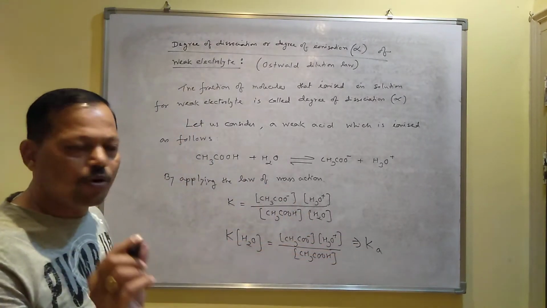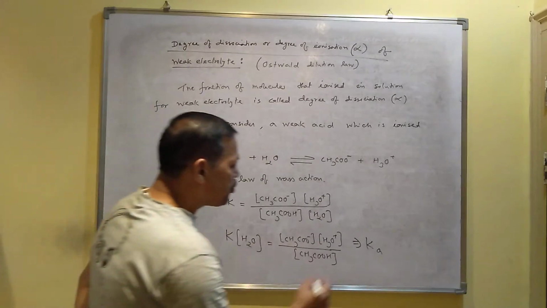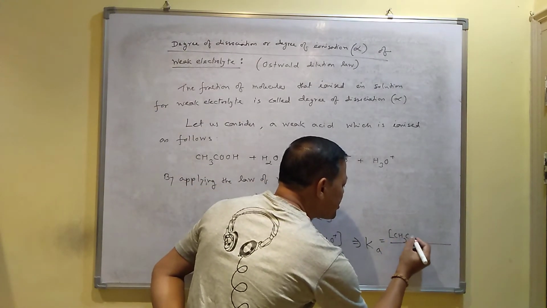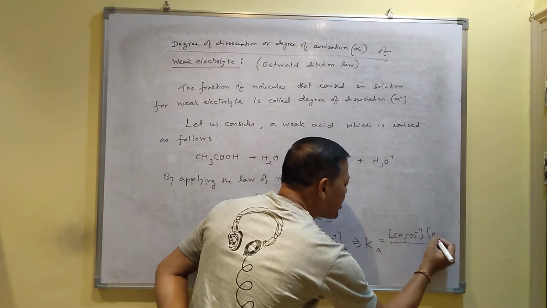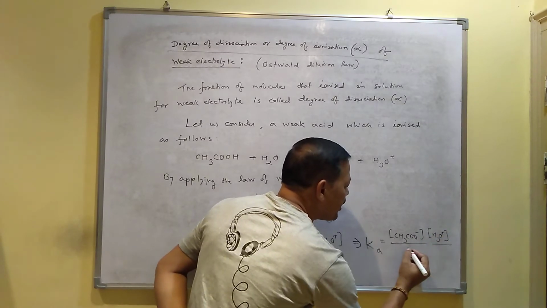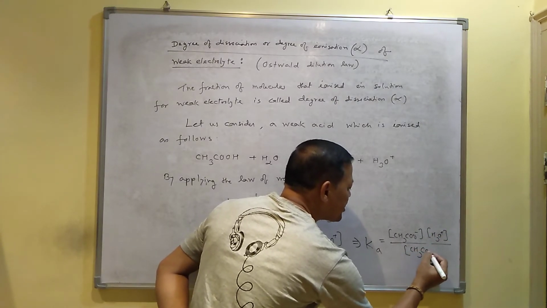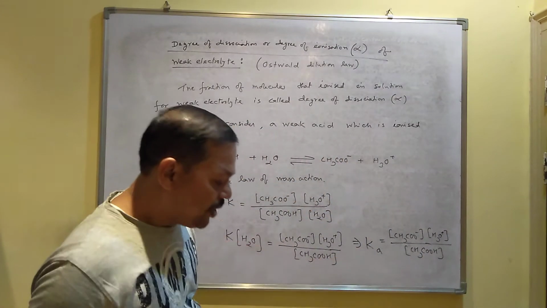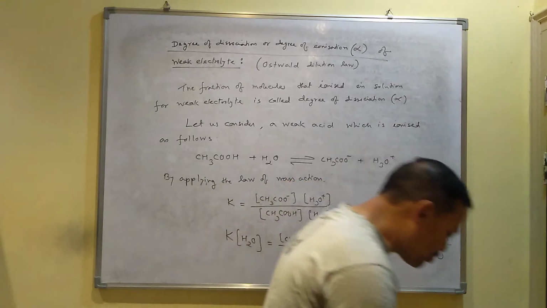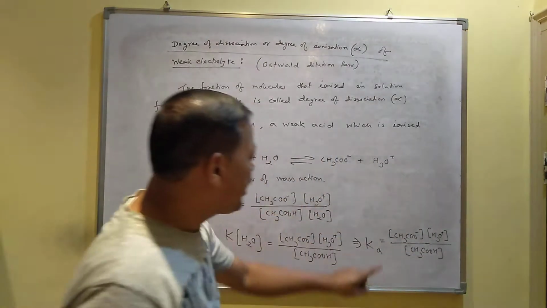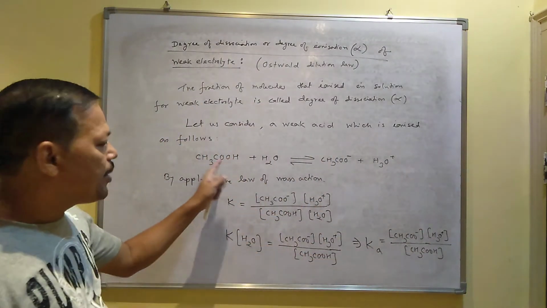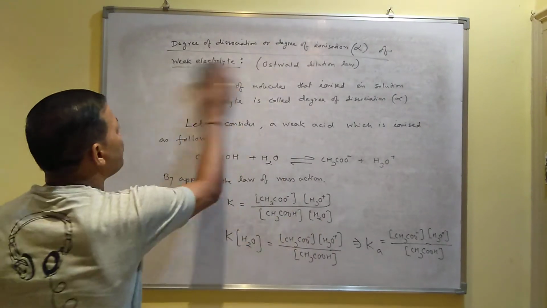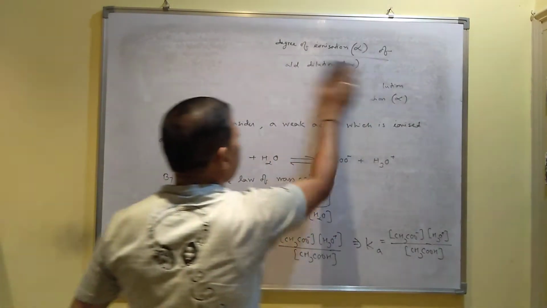B for base, A for acid. So Ka is equal to the concentration of CH3COO minus into the concentration of H3O plus divided by the concentration of CH3COOH. This Ka is called dissociation constant of the acid. If you consider base, then you write Kb, which is called dissociation constant of base.